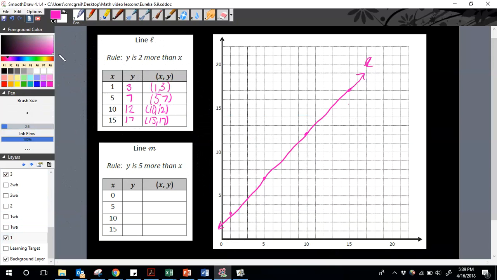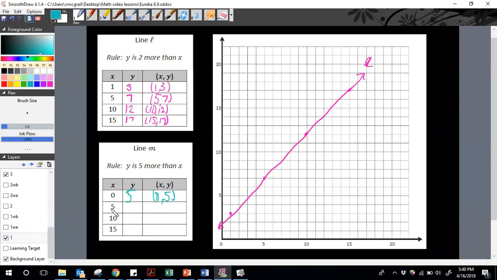Let's take a look at the rule for line M. It's pretty similar, but there is a difference. It now says the rule is y is 5 more than x. So I have my same x coordinates, and we're going to see how it compares on our graph. So please follow along with me. When x is 0, y must be 5 because it's 5 more. So our coordinates are 0, 5.